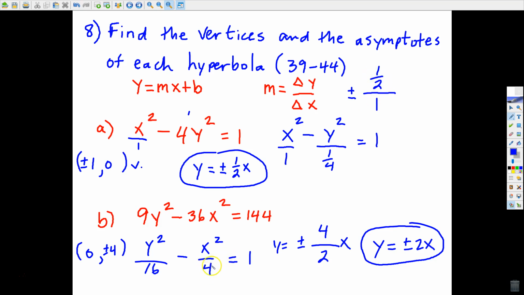And you always use the x denominator on bottom, because that's technically what slope involves, the change in y over the change in x. I hope that makes sense. It's a two-part answer here. Work through these and see if you can get them on 39 to 44. If you have any questions, feel free to let me know.